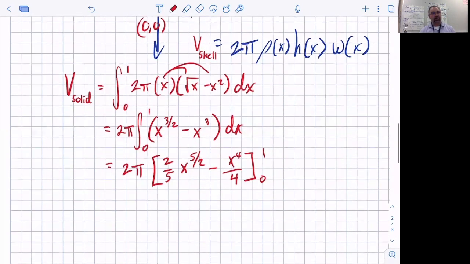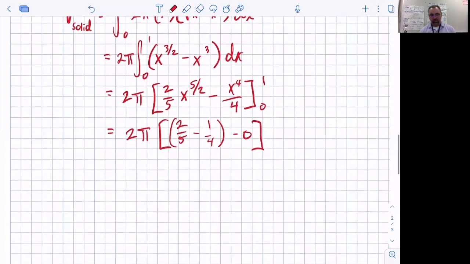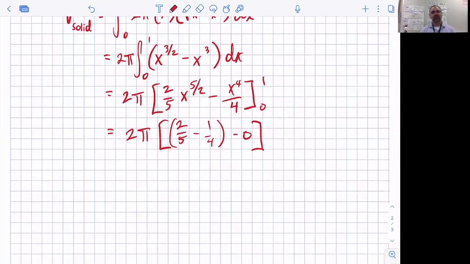The good news about 0 being one of our limits is that it's super easy to put in. We're just going to get 2 pi times 2/5 minus 1/4, when we put in 1 minus 0. I love having 0 be one of my limits. Let's see, 2/5 and 1/4, probably going to 20ths here.